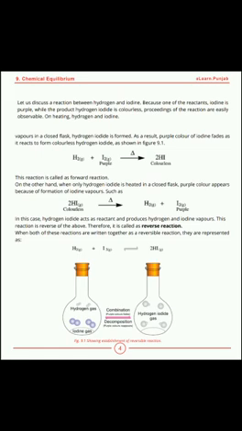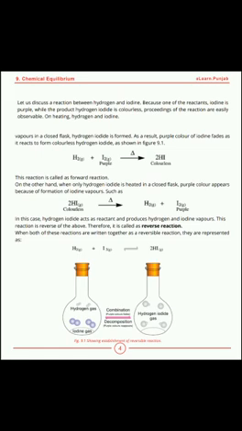When you heat hydrogen and iodine in a closed flask, the purple color of iodine fades. It converts into colorless hydrogen iodide. The delta sign above the arrow shows heat.